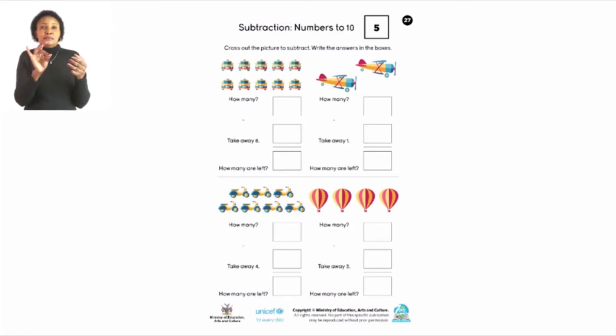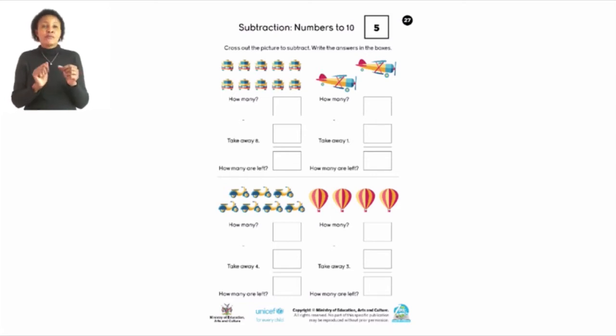So what you have to do, it's always best to cross out when you are taking away. Go back to the taxis and cross out 8 taxis. 1, 2, 3, 4, 5, 6, 7, 8. Cross them all out. Now how many are left? 2. 1, 2. So now the last block, write number 2 in that block.